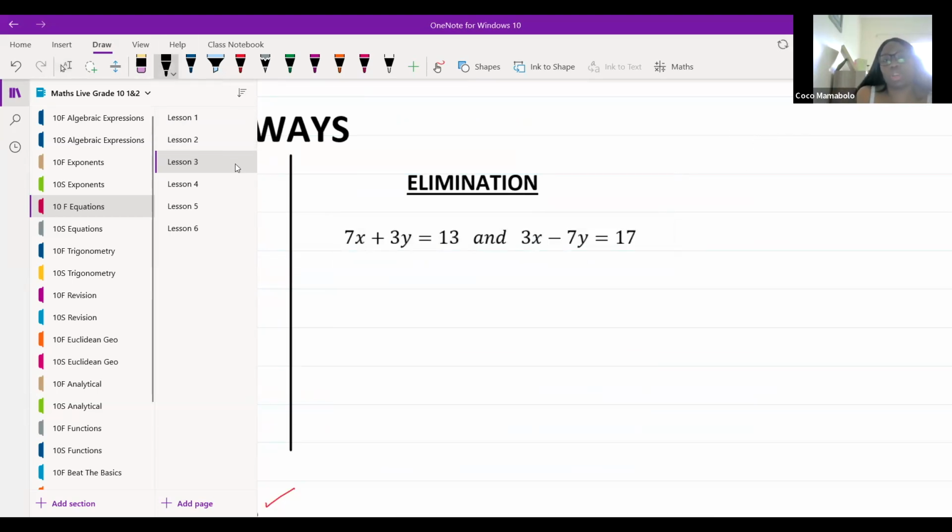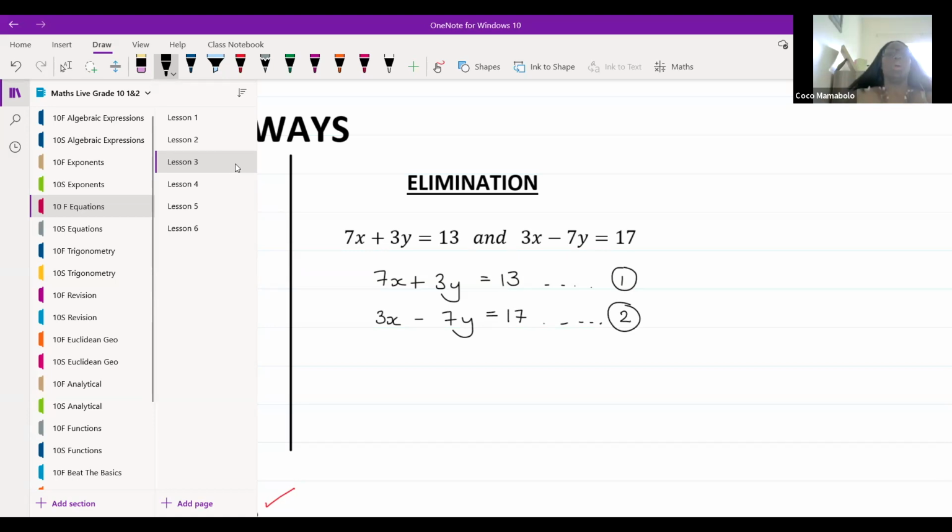So first thing we're going to do is label them. So we're going to go 7x plus 3y is equal to 13. And we're going to label that equation 1. And then I'm going to go 3x minus 7y is equal to 17. And I'm going to label that equation 2.